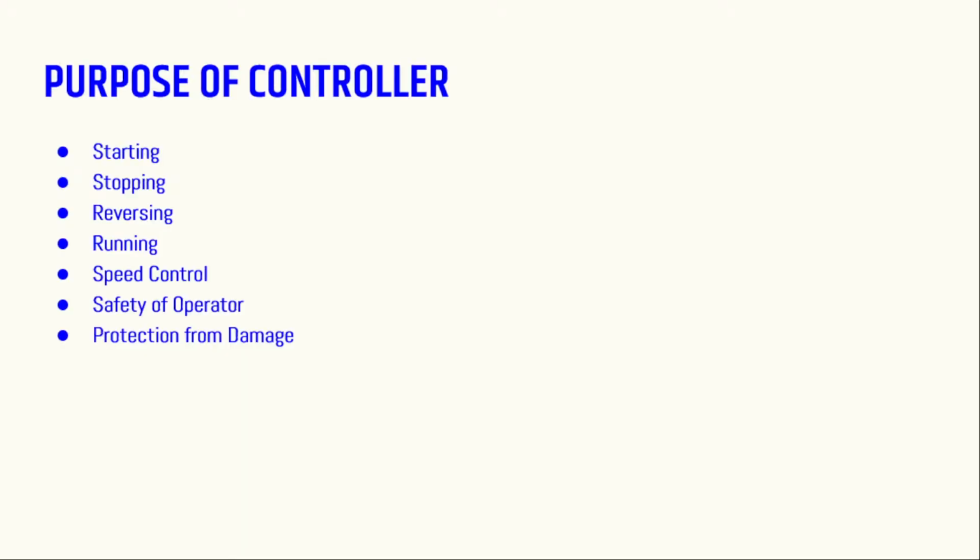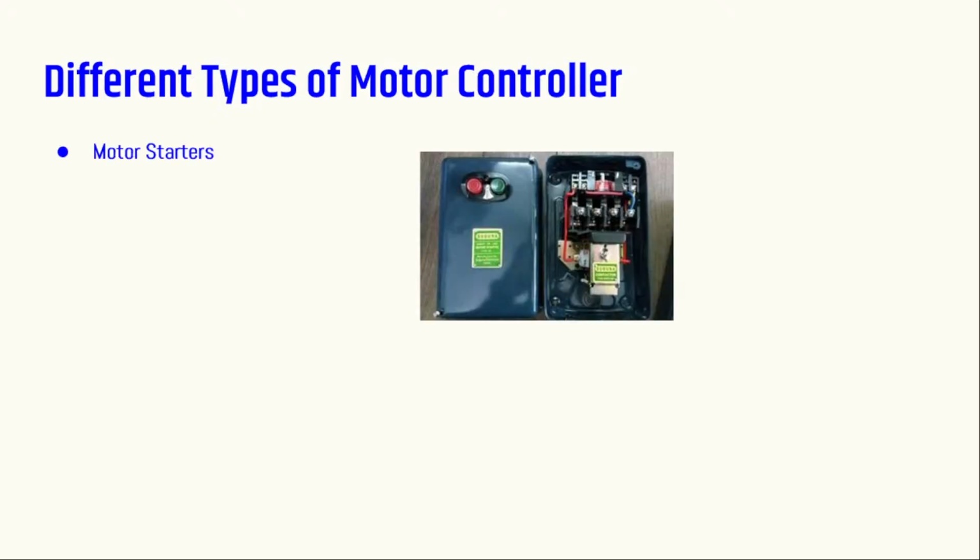That's all about the motor, and now we are going to discuss the controller. By using the controller, we start, reverse, and control speed. And if there is any damage in the vehicle, it will be directly indicated on the dashboard.